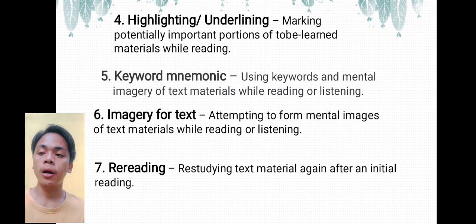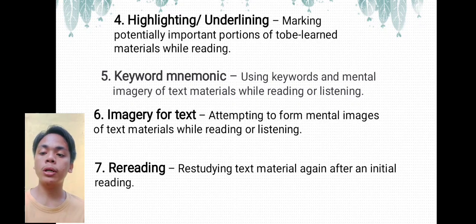Number four, the highlighting or underlining. Marking potentially important portions of to-learn materials while reading. More systematic evaluation of actual textbooks and other student materials have supported the claim that highlighting and underlining are common. Number five, keyword mnemonic.